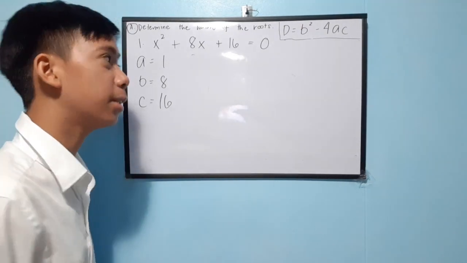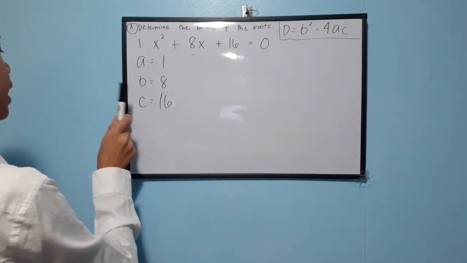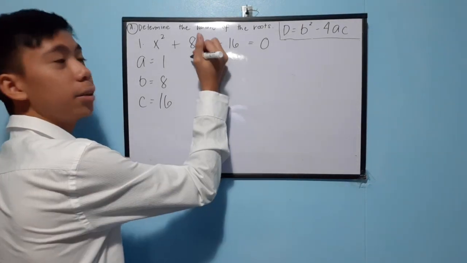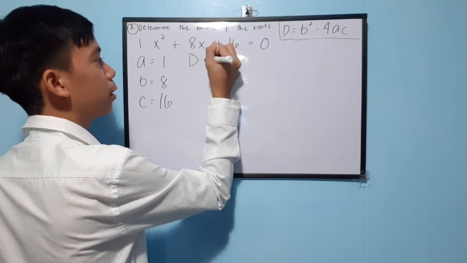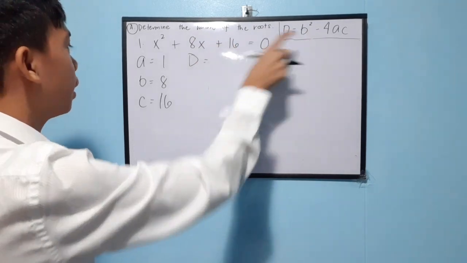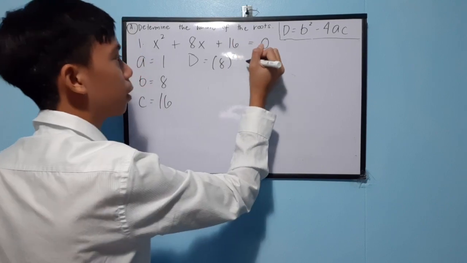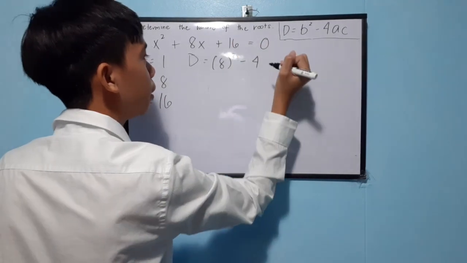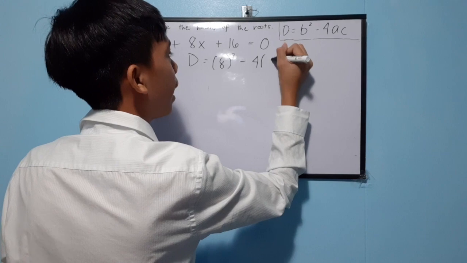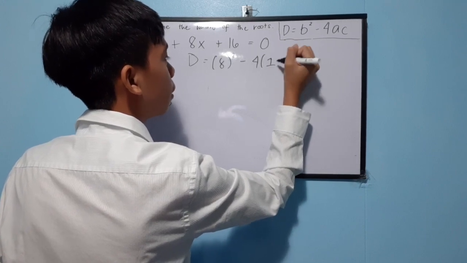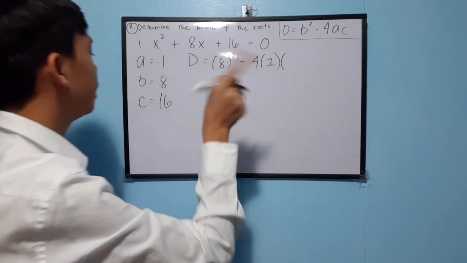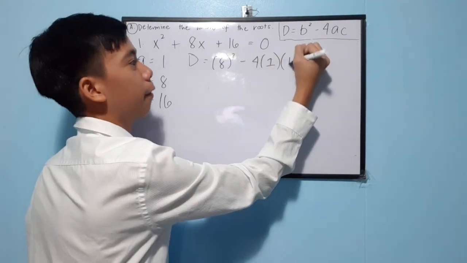Now we're going to place the numbers according to a, b, and c. Discriminant, b is 8, minus 4, a is 1, and c is 16.